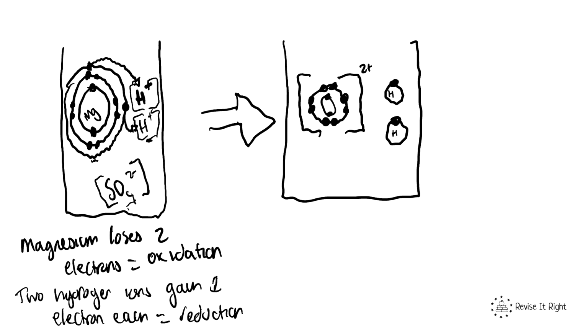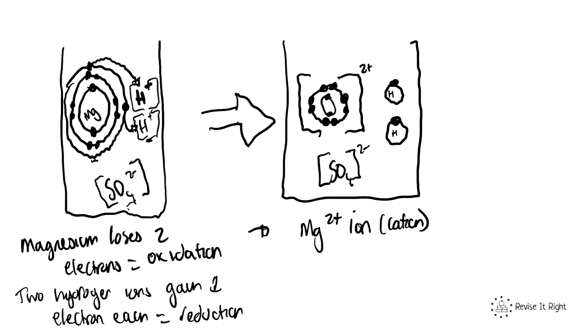And of course, the sulfate ion has not changed in this reaction, therefore it is a spectator ion. Okay, so the magnesium loses 2 electrons to form a magnesium 2 plus ion, so it's a positive ion, so we can call it a cation.